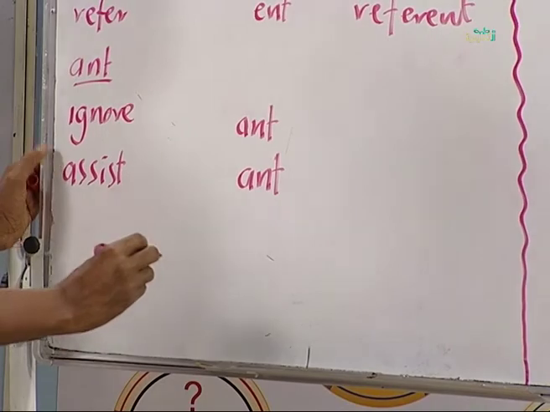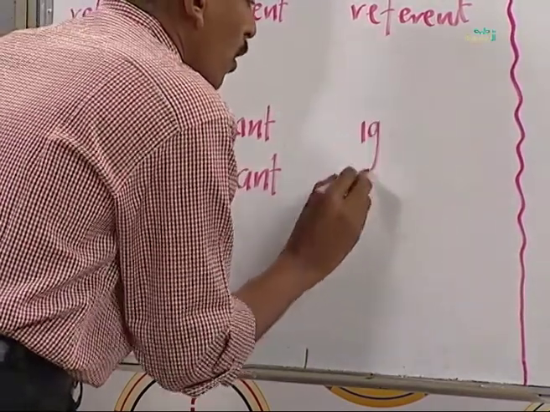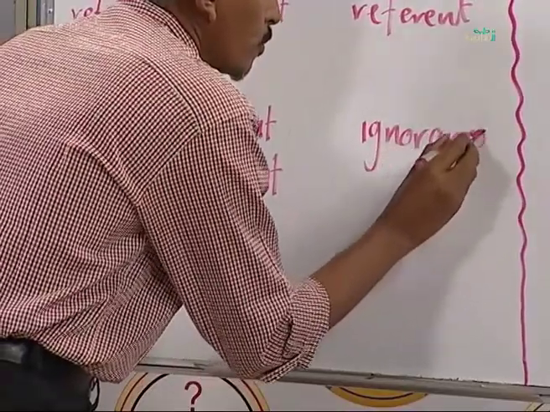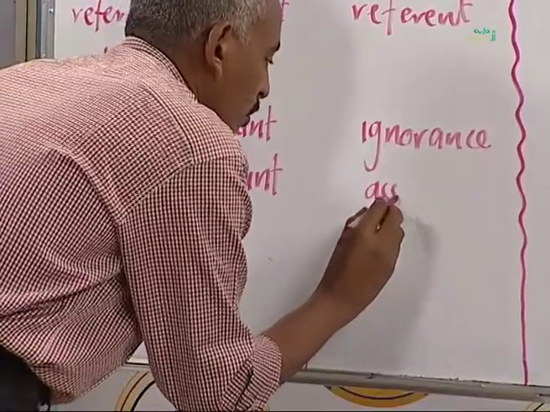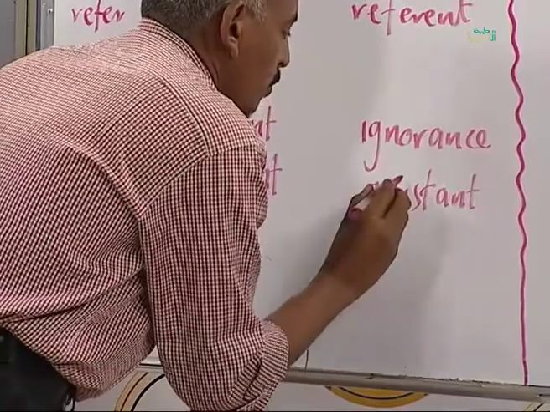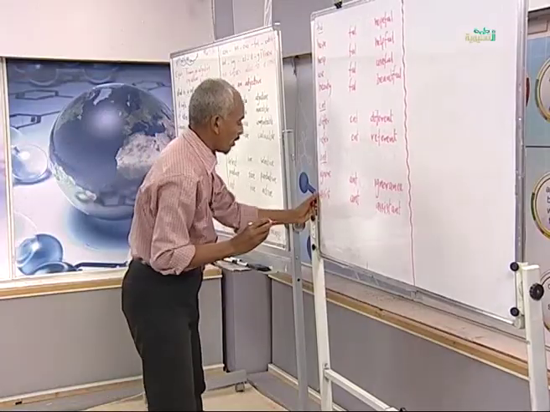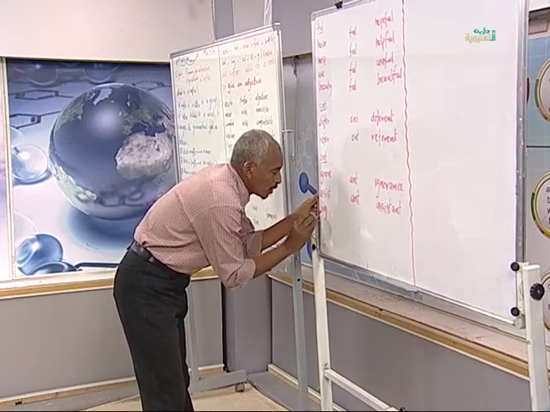A-N-T is going to give ignorance, assistant. This is for A-N-T.